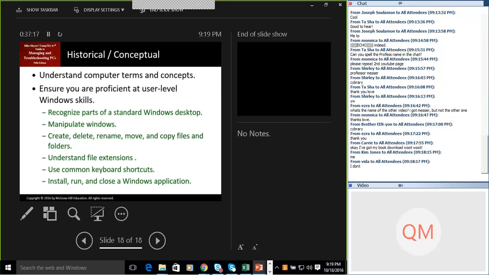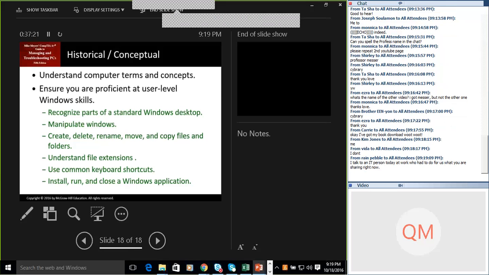And then common keyboard shortcuts. A lot of times people do things in Windows a specific way every time, right? When they want to lock their computer, if you're used to working in a business environment, you press Control-Alt-Delete, and then you click lock this computer.